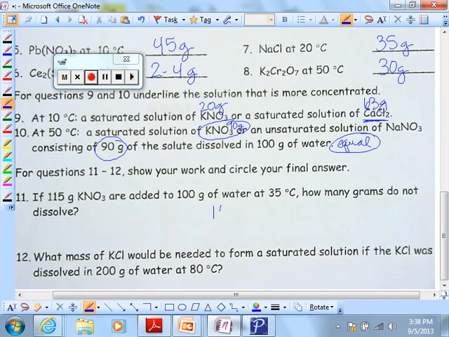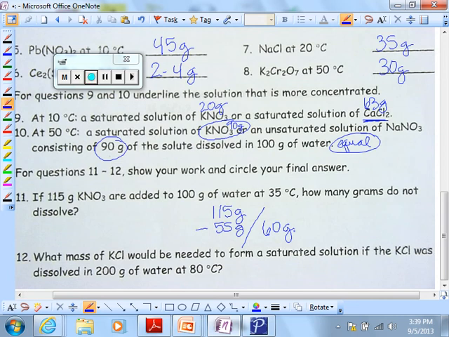So we had 115 grams that we're adding, minus the ones that dissolved. 55 grams dissolved, so how many are left undissolved? 60. Good.